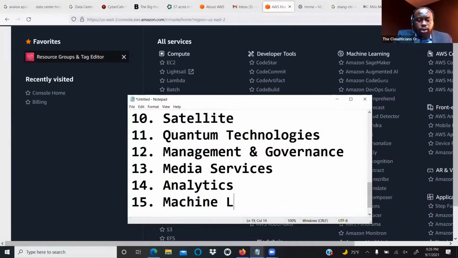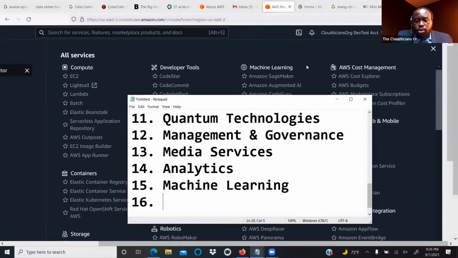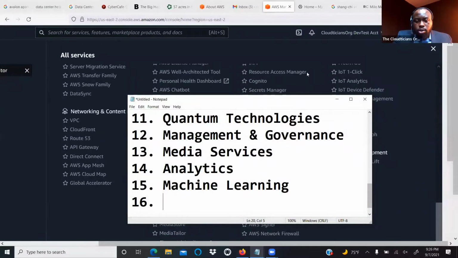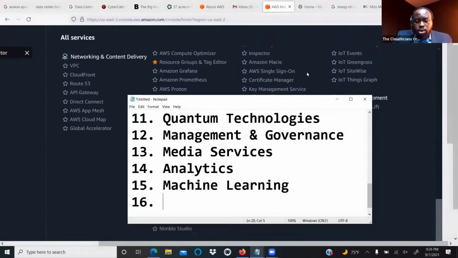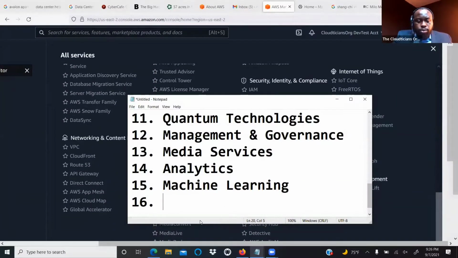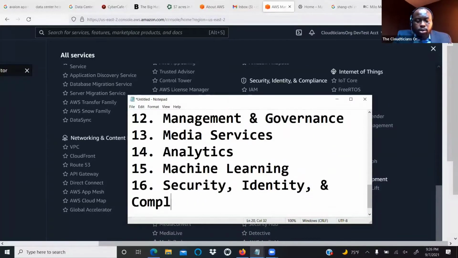Fifteen, machine learning. Sixteen, security, identity, and compliance.